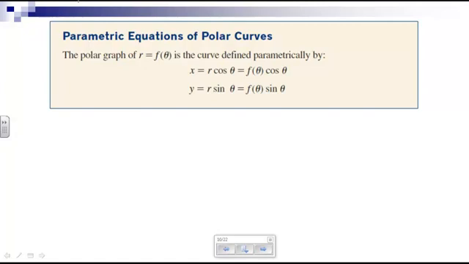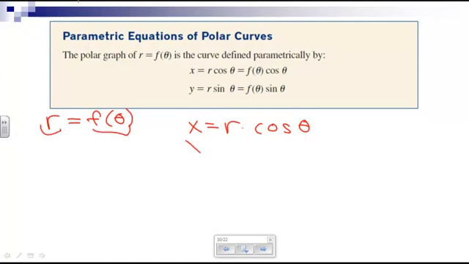Well, here's an idea. Most of the time that we're working in polar coordinates, r is a dependent variable and theta is the independent variable. r is a function of theta. You okay with that idea? And then we go over here and we say, you know what? x is r times cosine theta. Oh, it looks like x is a function of r and theta. But wait, most of the time when we're talking about these curves, r is a function of theta.